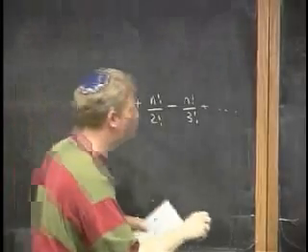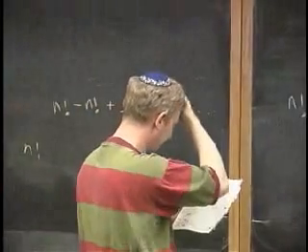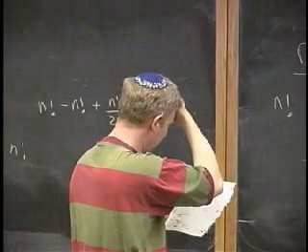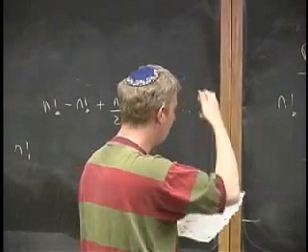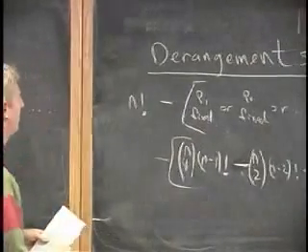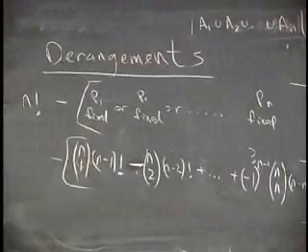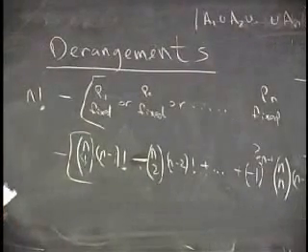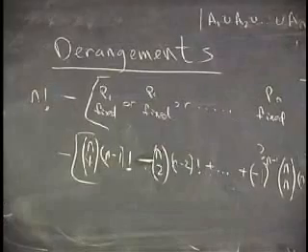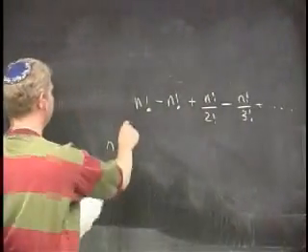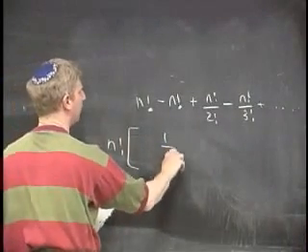I missed one somewhere. What did I miss? I'm probably missing a term at the beginning here. I don't think I did anything wrong, but something's wrong. I hate that. Well, let me see what I have so far.